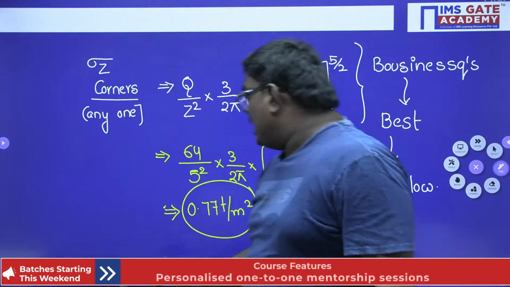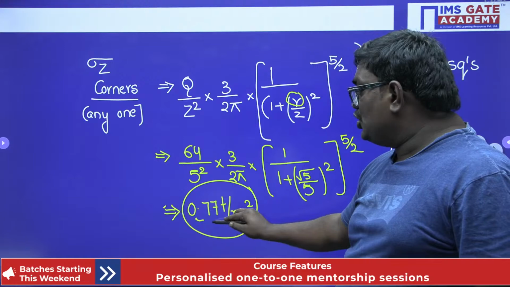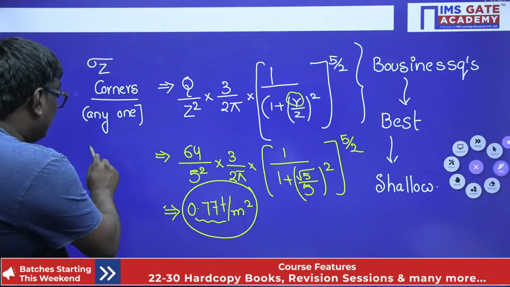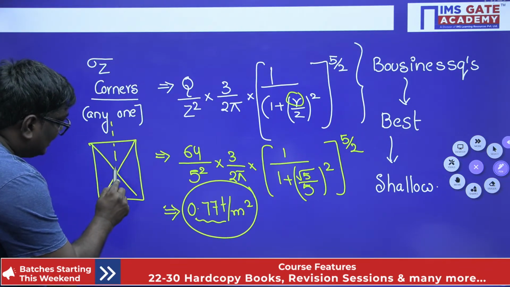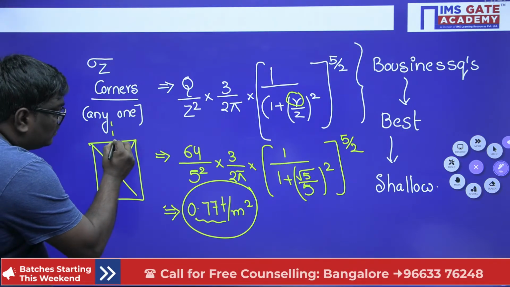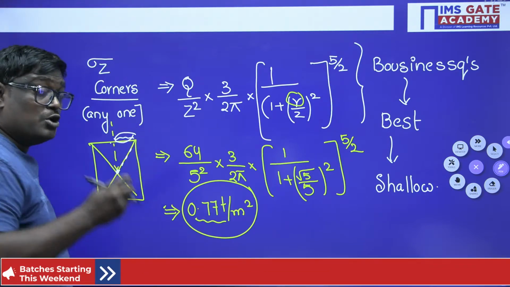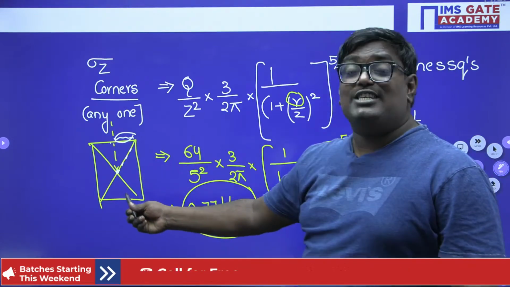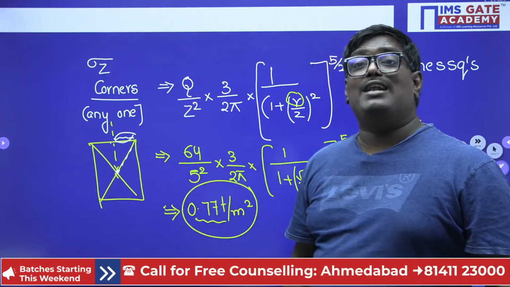When you move to a radial distance of root 5, the stress was 0.77. So what is the observation? Definitely, the stress will be more when it is applied directly at the center, and that stress is going to reduce slowly when it moves away from the center. These kinds of practical observations you have to make. The stress is maximum at the center, and as we move towards the corner, the values of stress reduce.